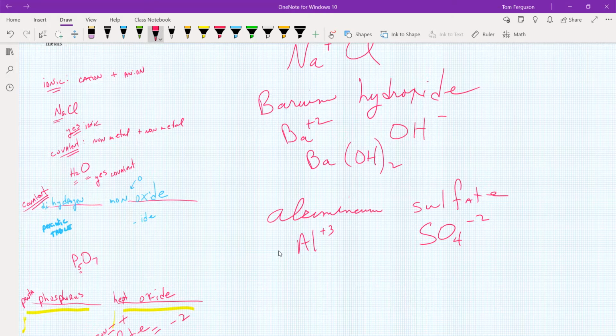So we've got to modify the numbers of the aluminum and the numbers of the sulfate so we net 0. Now, one way to think of it is, what is the common denominator between 3 and 2? 6, right. So how many 3s are in 6? How many 2s in 6? So that's the formula for aluminum sulfate.